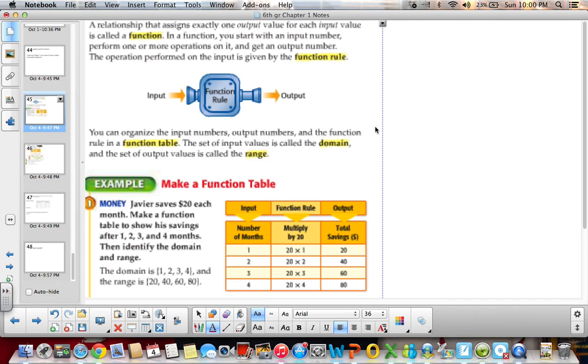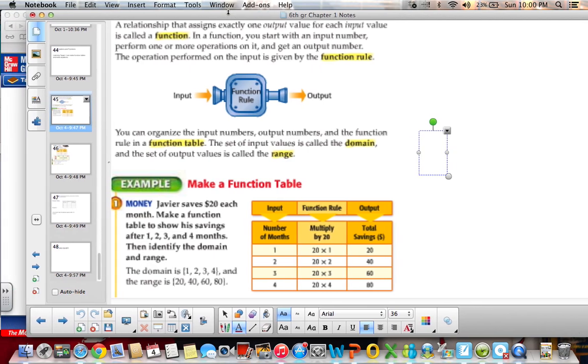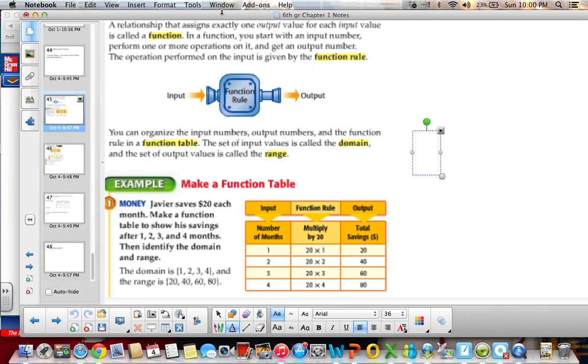Sorry that this is just a tad blurry, but a relationship that assigns exactly one output value for each input value is called a function. Think of a function as kind of like a machine: whatever you put into the machine, you get something that comes out of it.